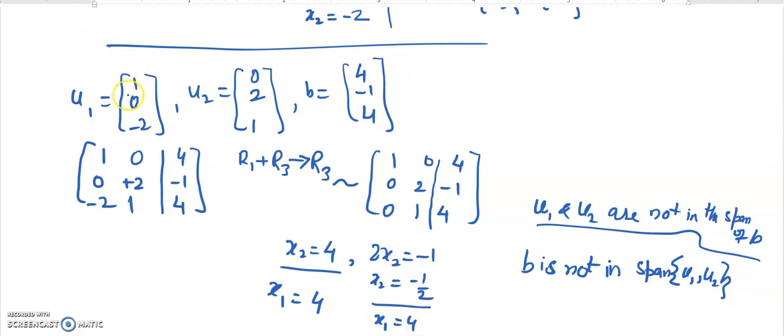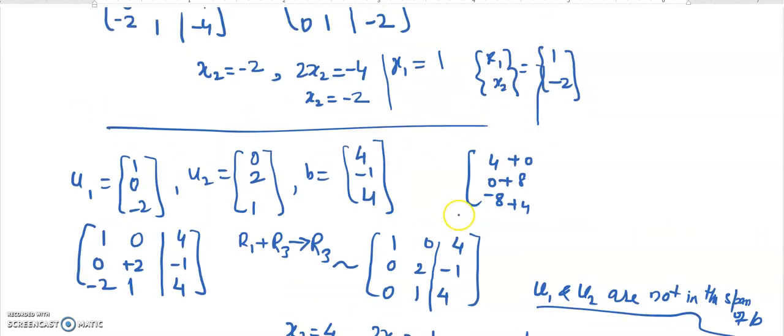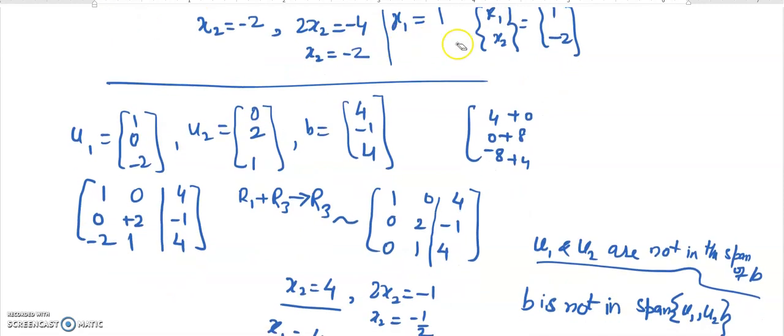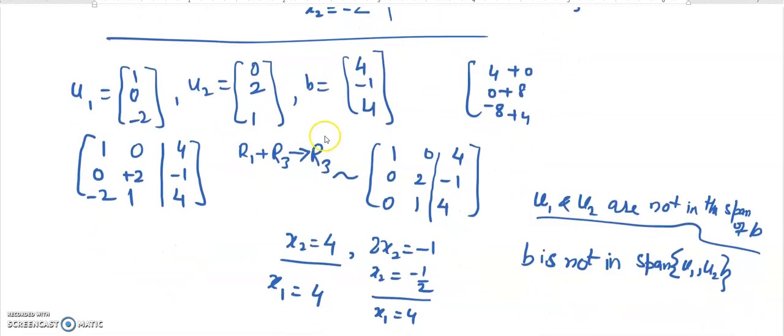So if we take these values, it will be 4 0 minus 8, and then this will be also 4. So 0 8 and then 4.